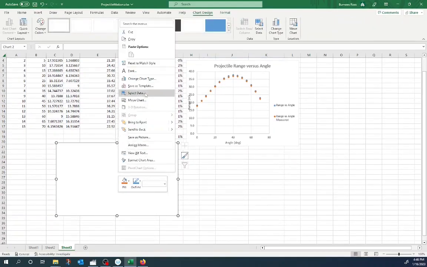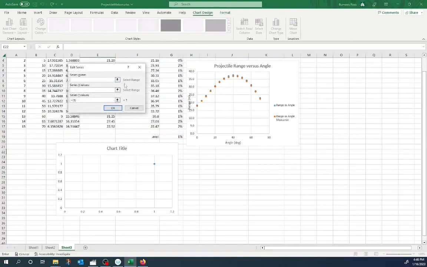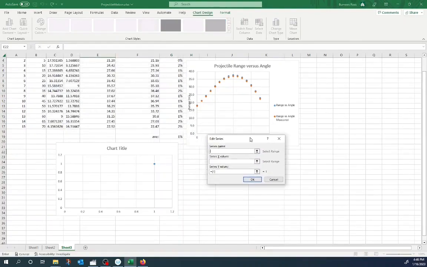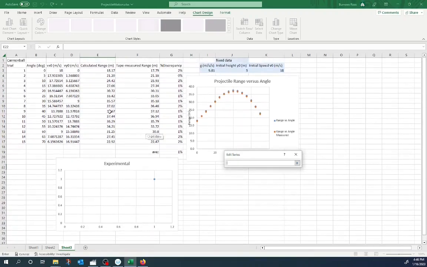Right click inside the scatter plot, do Select Data, then go ahead and click Add, and here you're going to manually specify. You could give a name to it right here if you wanted, whatever you want to call it. Here we could call it experimental. And then X series values, those are going to be the angles.